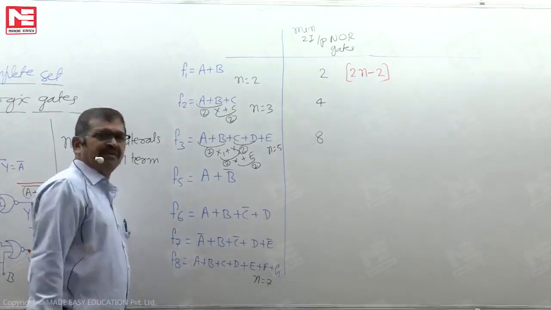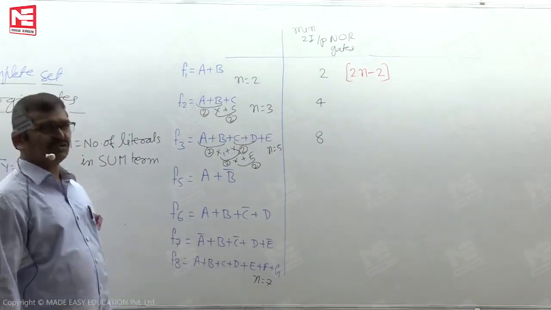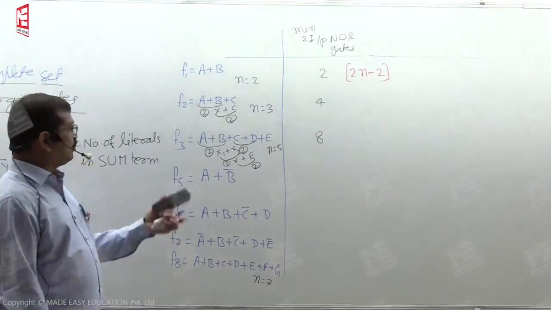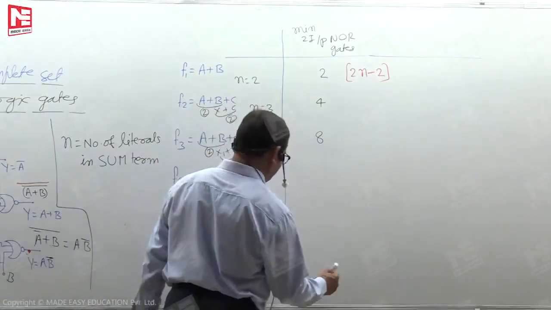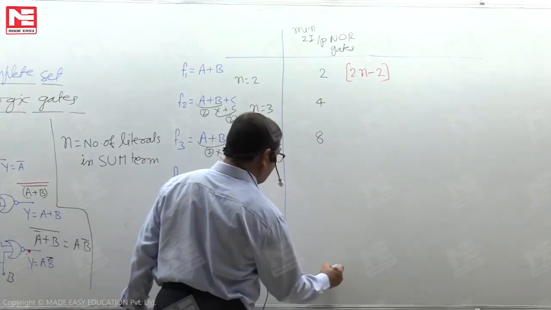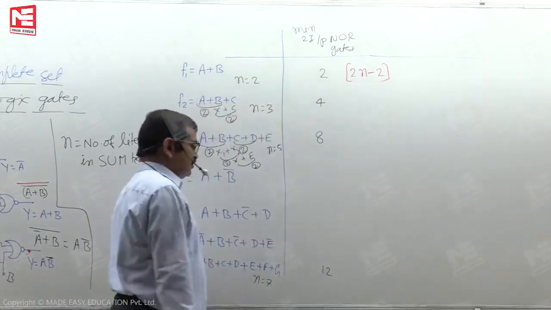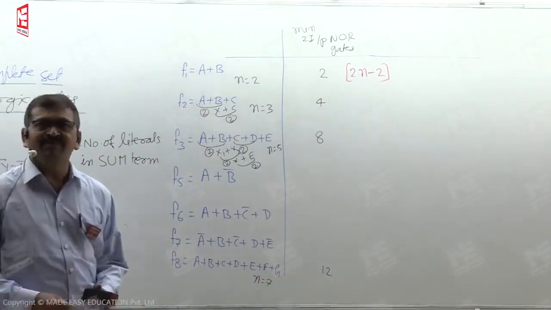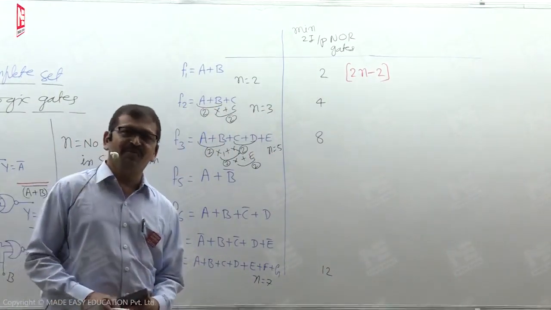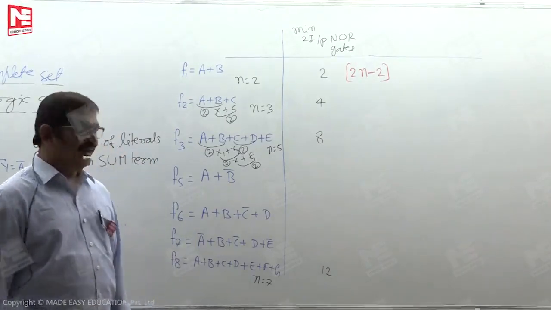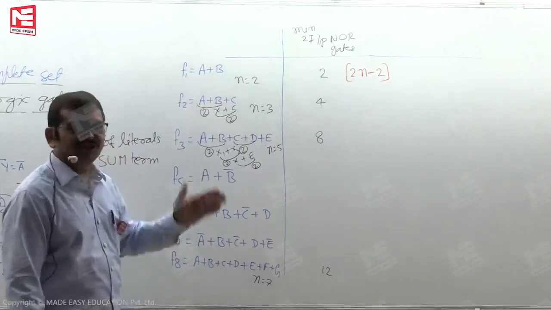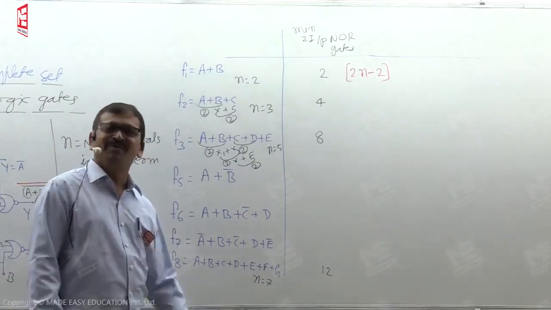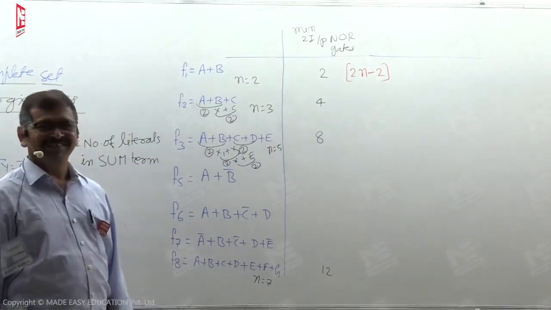So whenever n is 7, the answer is 12. N is 7, 2n is 14, 14 minus 2, the answer is 12. So whenever we have a sum term, assuming no variable has a complement, the sum term may consist of any number of variables. Just using this formula 2n minus 2, we can get the answer.